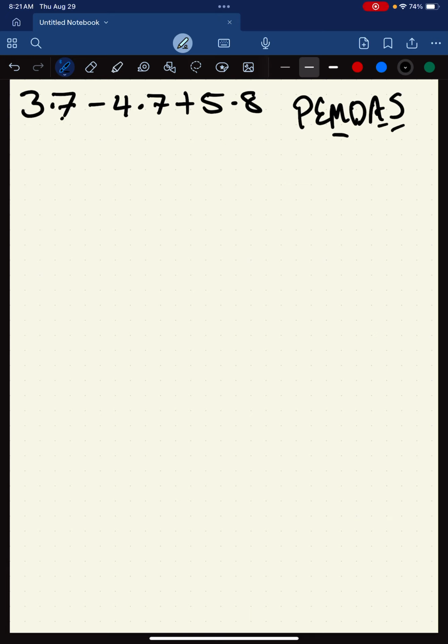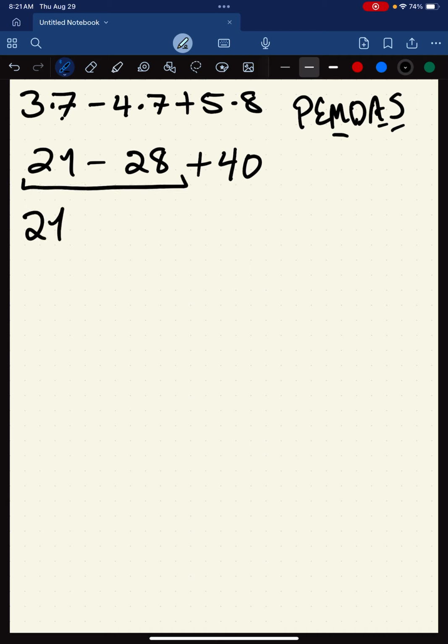So 3 times 7, 21. 4 times 7 is going to be 28. And 5 times 8 is 40. And we keep the signs in there. Now, let's go ahead and simplify this the way that we know how to simplify that, which is going to be 21 plus -28 plus 40.